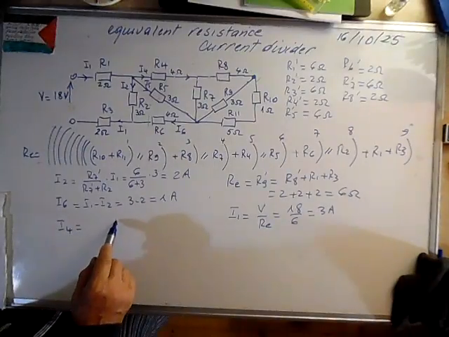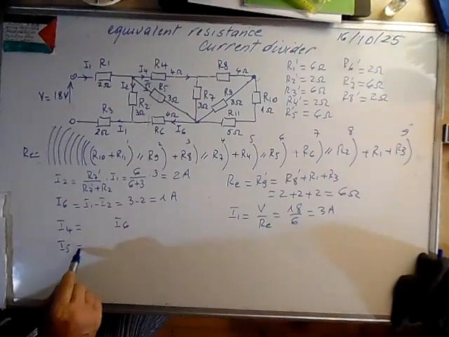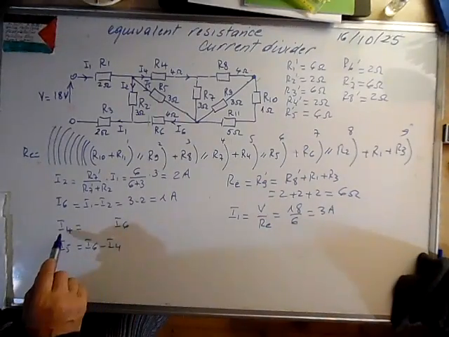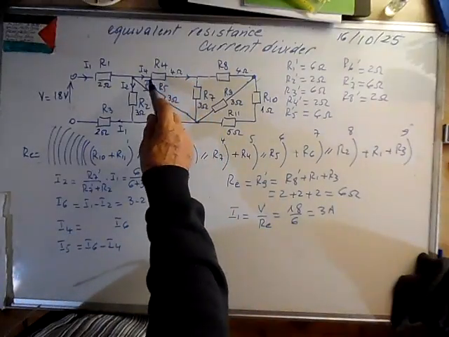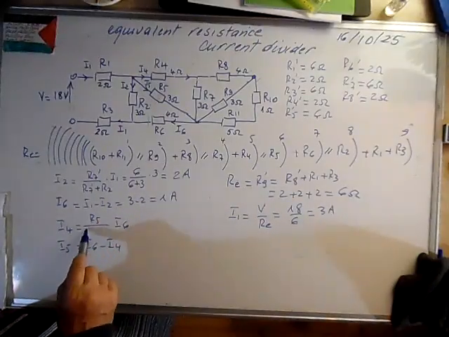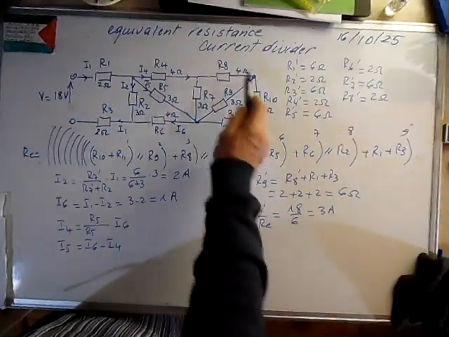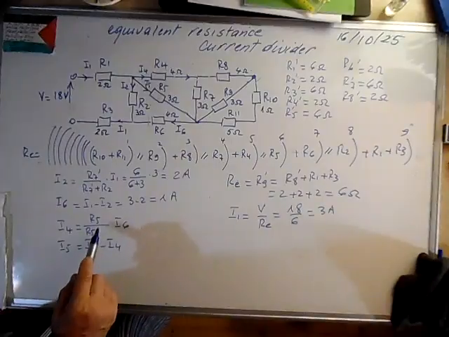I4 using I6, and I5 will be I6 minus I4. So it means I4 is R5 divided by R5 plus the equivalent resistance of this, R5 prime.